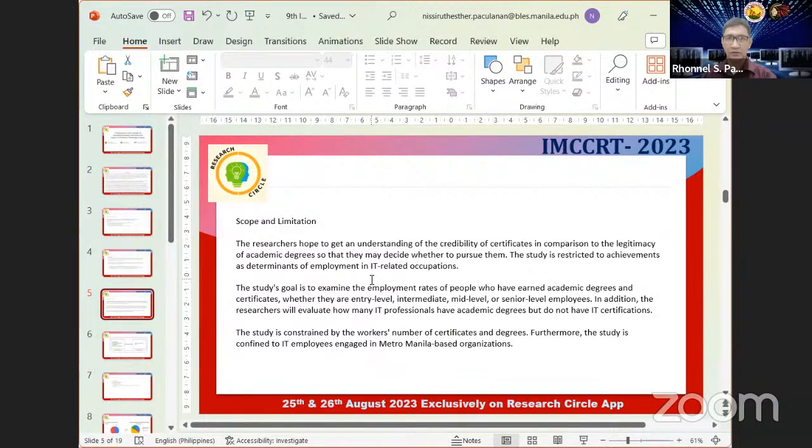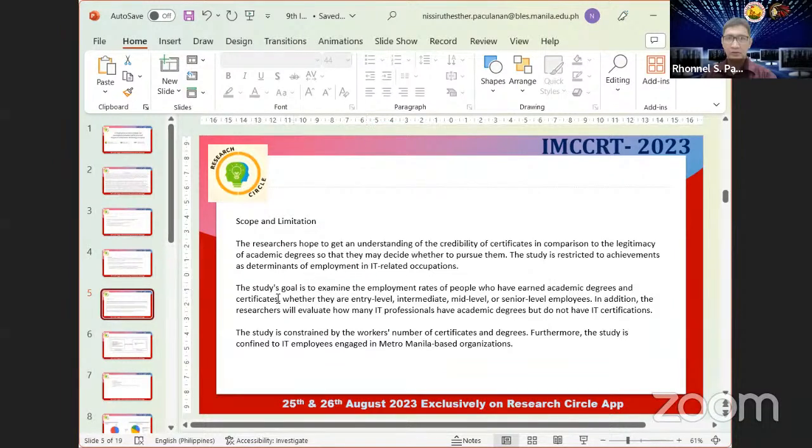The study's goal is to examine the employment rates of people who have earned academic degrees and certificates, whether they are entry-level, intermediate, mid-level, or even senior-level employees. In addition, the researcher will evaluate how many IT professionals have an academic degree but do not have IT certification. The study is constrained by the workers' number of certifications and degrees.